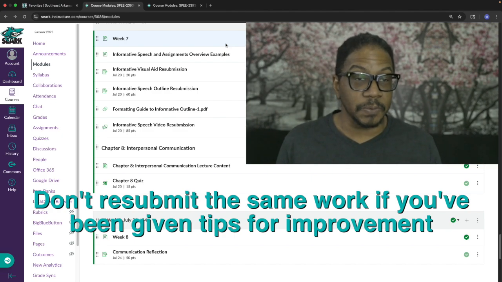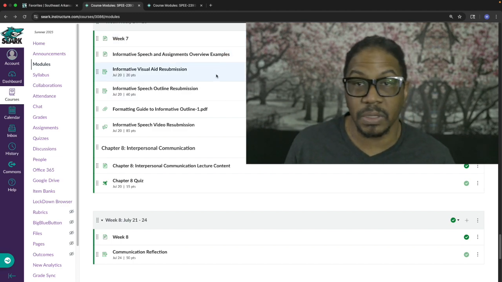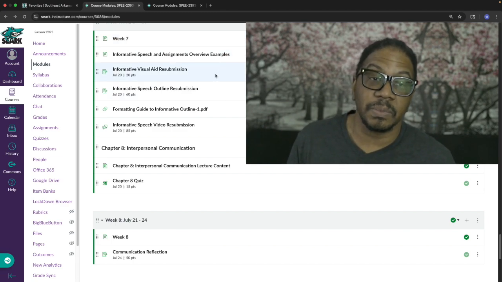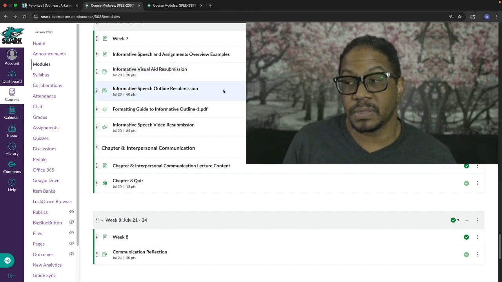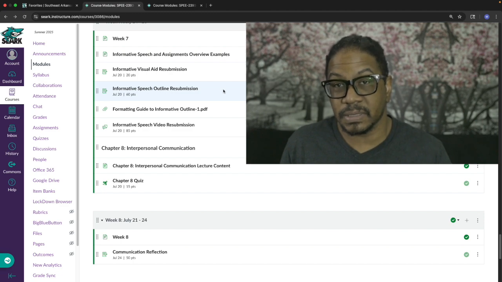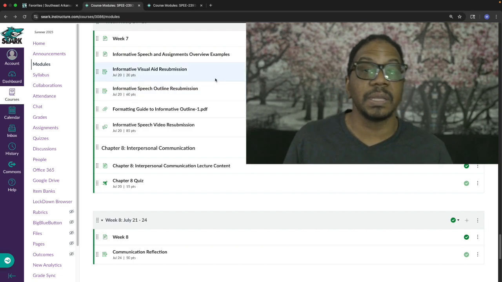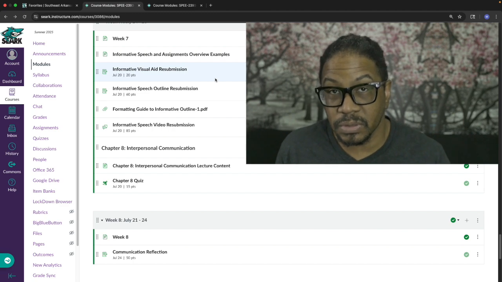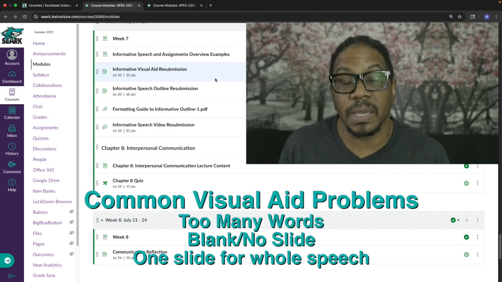Okay. So going on an assignment by assignment basis, I'm going to go over some of the most common errors that usually have to be fixed in the resubmission. For the visual aid, usually the two most common things are there may be too many words on the slides.